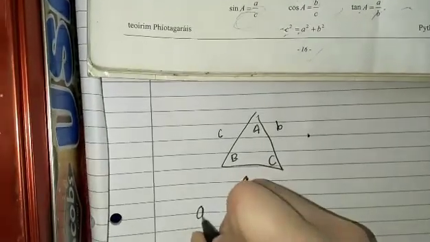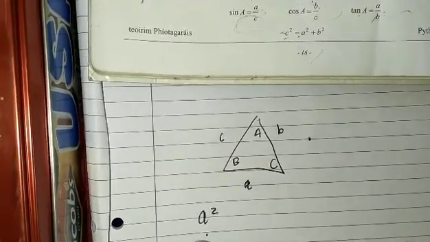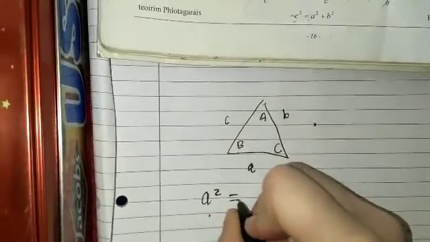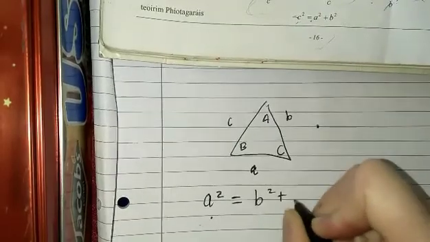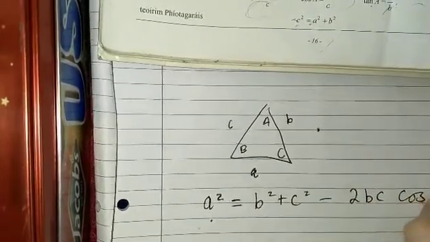So the cosine rule states that if we're using A as our angle, we're going to have to put A in front. So it is A squared equals B squared plus C squared minus 2BC cos A.